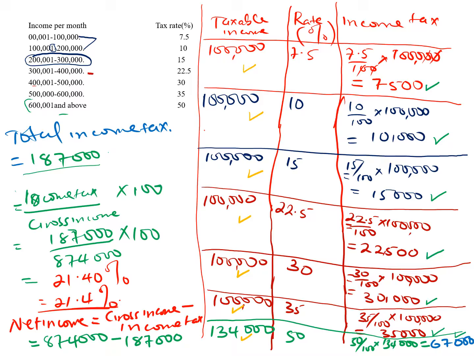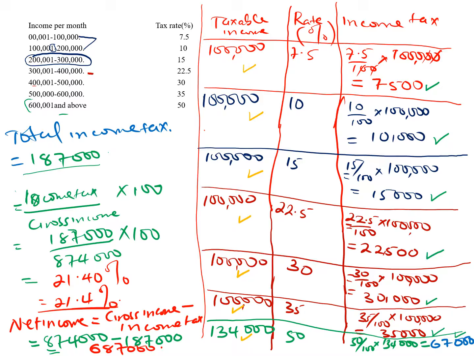Our final result, maybe you can write it in red, final answer as 6,870,000 as the net income.